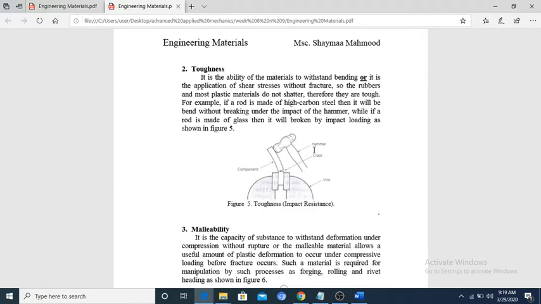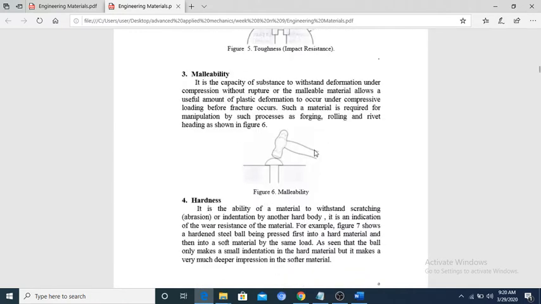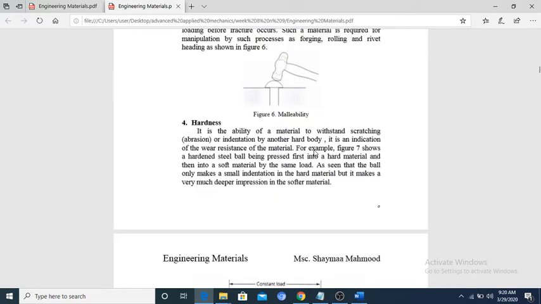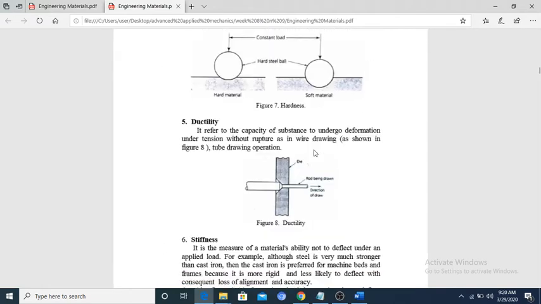So rubber and most plastic materials do not shatter. Therefore, they are tough. For example, if a rod is made of iron carbon steel, it will be bent without breaking under the impact of a hammer, while if a rod is made of glass, it will break by impact loading, as shown in figure 5. Number 3 is malleability. Number 4 is hardness, right?